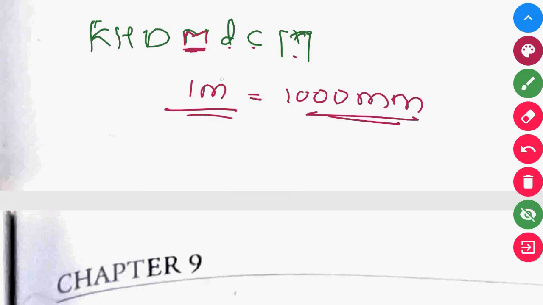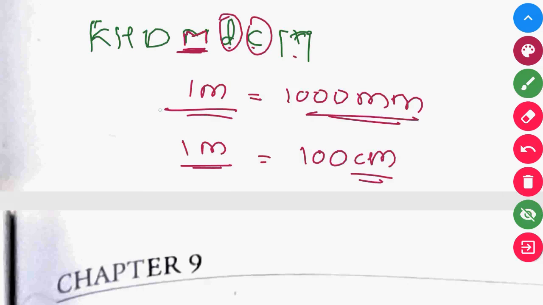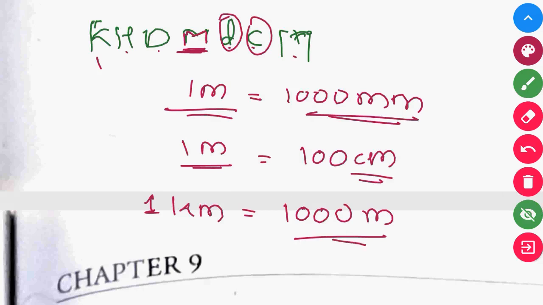Now we want the meter to centimeter conversion. 1 meter is equal to how many centimeter? 1 and 2, so 100 centimeter. Now, 1 kilometer is equal to how many meter? So 1, 2, 3. 1 kilometer is equal to 1000 meter.